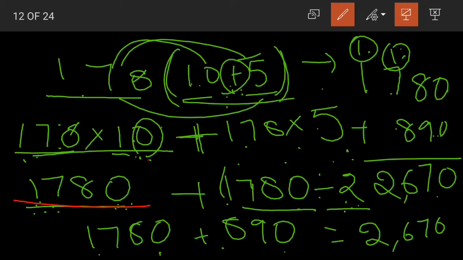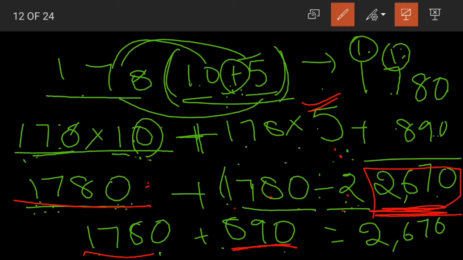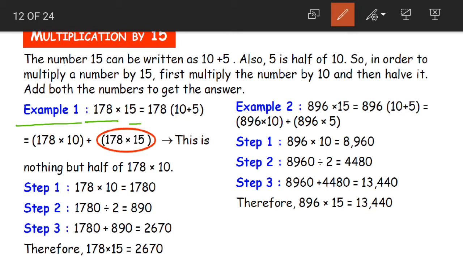Now as 10 divided by 2 is equal to 5, when we divide this product of 10 by 2, we will get the product of 5. So 1780 divided by 2 is 890. When we finally add both the products, we will get our final answer, that is 2670. Clear, children, about this multiplication by 15?